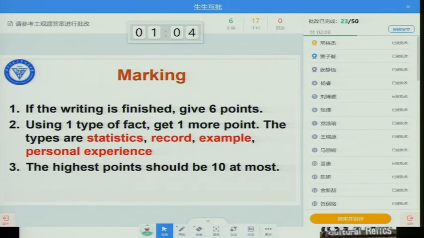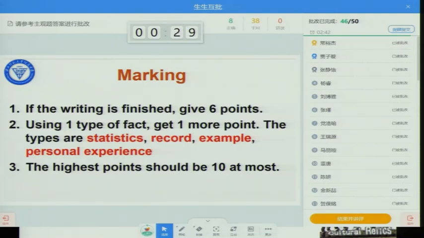You have 1 minute left to mark. Second. 30 seconds.